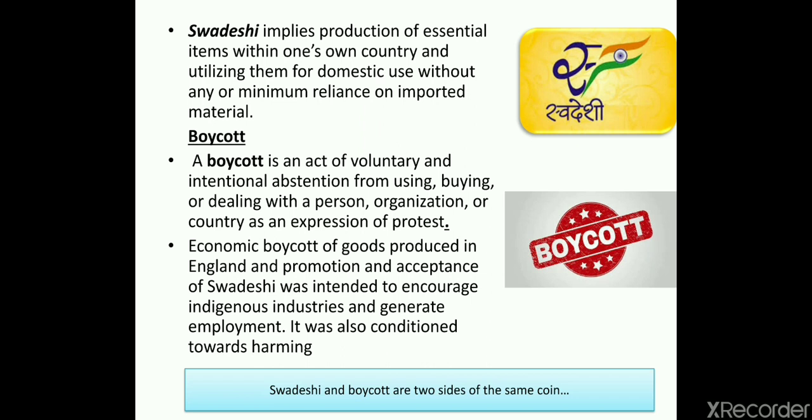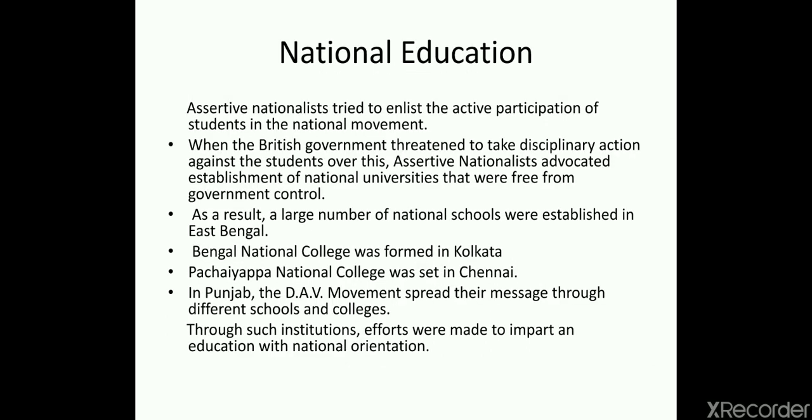Now the next point which we'll be studying is national education. Assertive nationalists tried to enlist the active participation of students in the national movement. Basically, most of the nationalists, leaders, or followers were coming from the universities run by the Britishers.